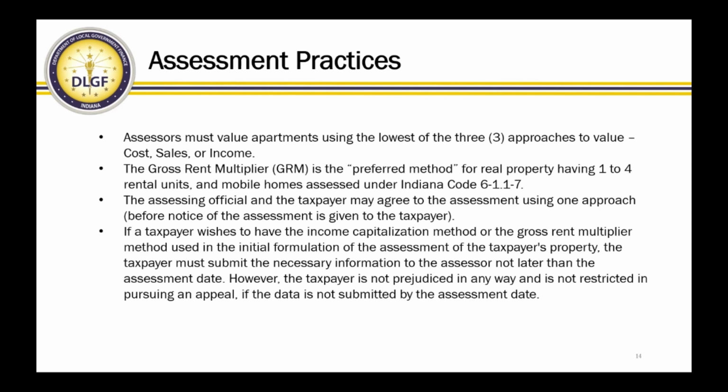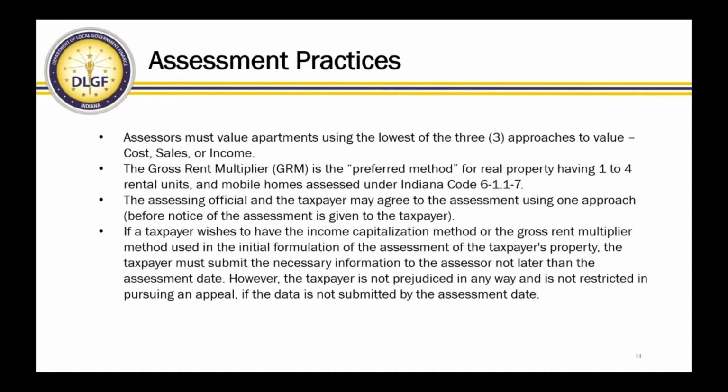Basically, assessors must use best value for apartments, using the lowest of the three approaches to value: the cost, sales, or income approach. Mentioned before that the gross rent multiplier is the preferred method for property having 1 to 4 units, but certainly the assessor could use different valuation techniques, but the gross rent multiplier is the preferred method of valuing those properties.